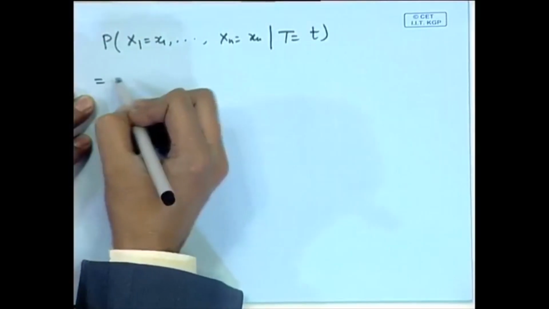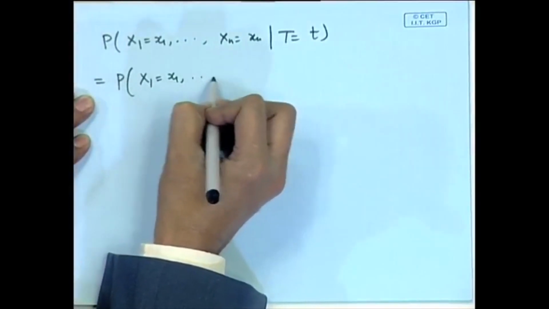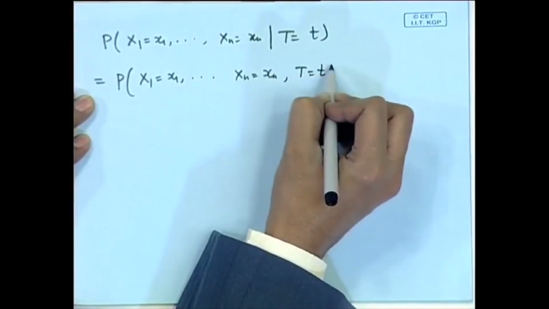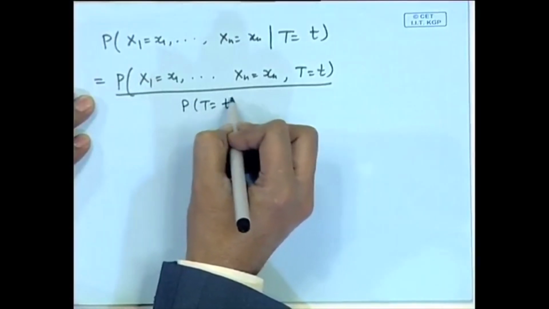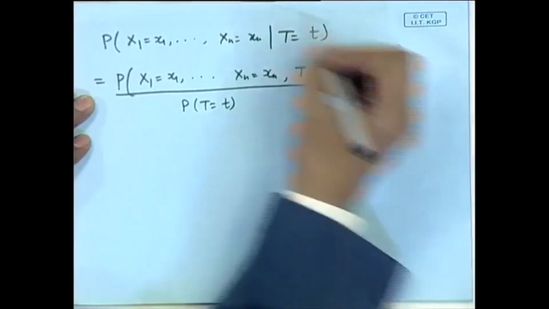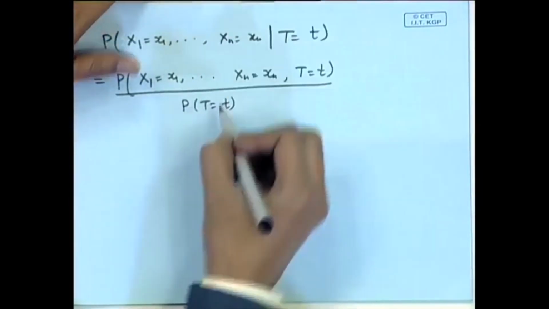So, this is equal to the probability of X1 = x1 and so on, Xn = xn, T = t, divided by the probability of T = t. Now, here T is the sum of Xi and we know that it follows Poisson n lambda. So, the denominator quantity can be written.